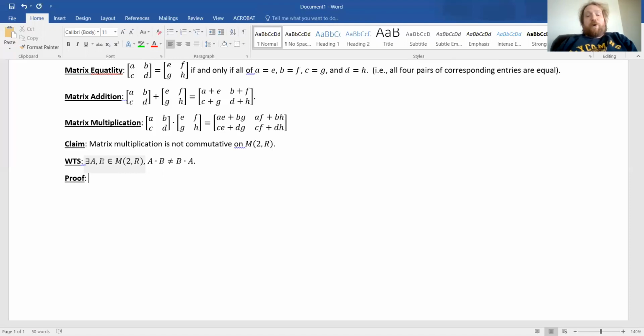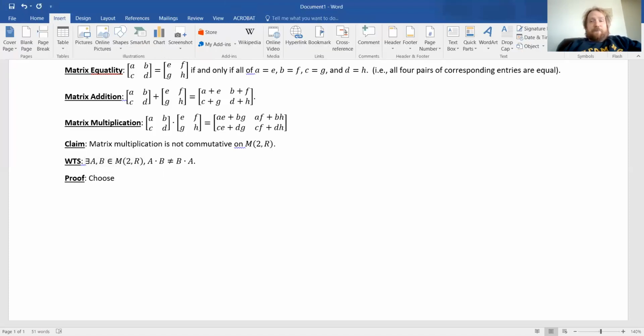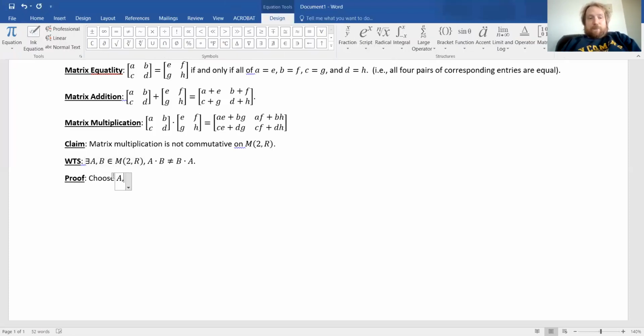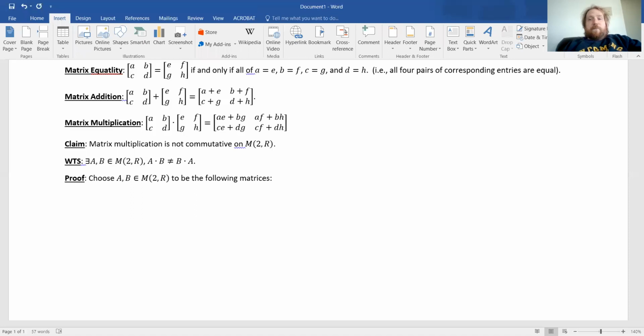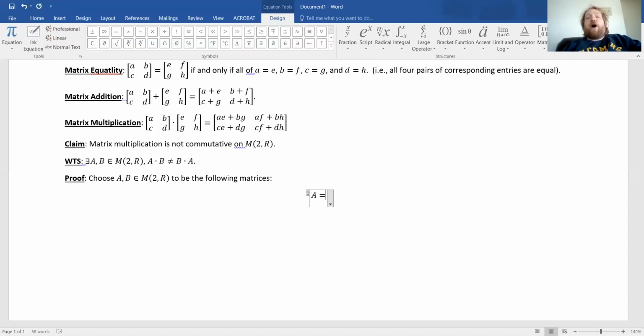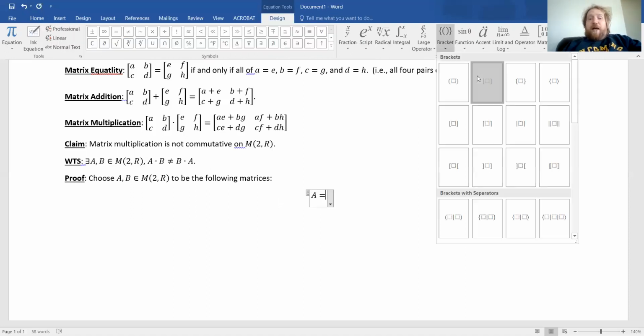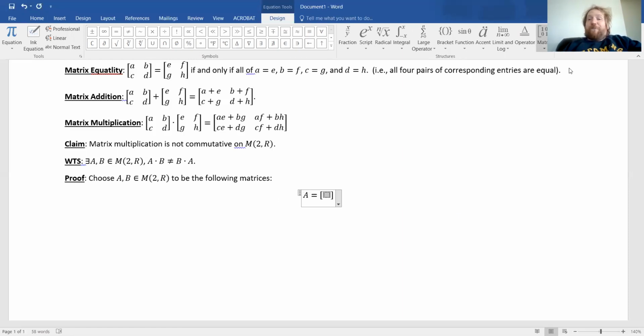So I'm going to choose A and B to be the following two matrices. Fortunately, a lot of different choices work. I'm just going to choose 1, 2, 3, 4, and 5, 6, 7, 8.